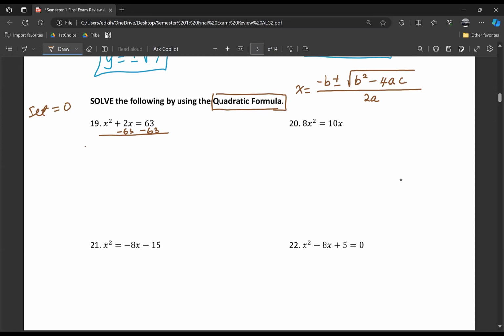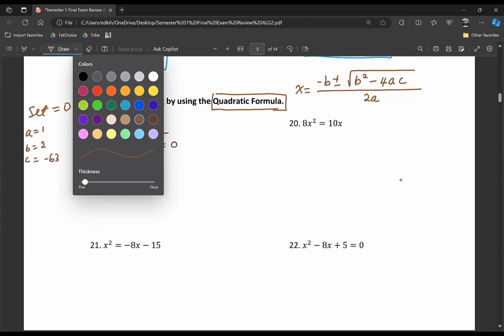So our equation is x squared plus 2x minus 63 equals 0. And that enables us to actually figure out a, b, and c for this equation. A is 1, b is 2, and c is negative 63, which we can then plug into the quadratic formula. So let's see if we can do that real quick.